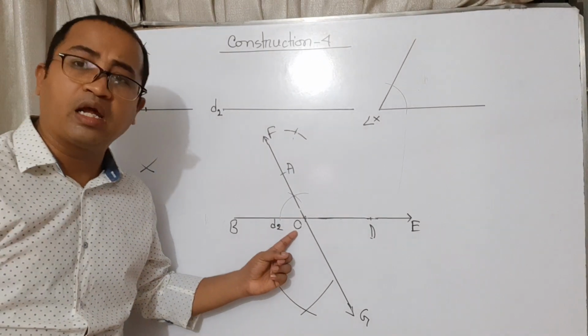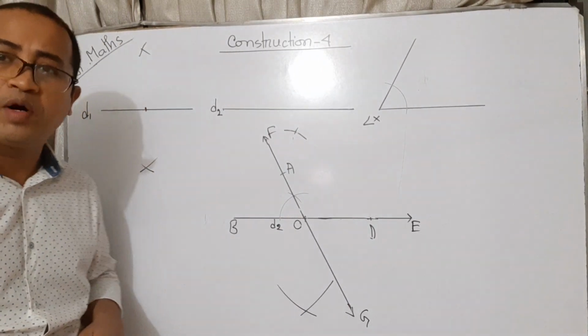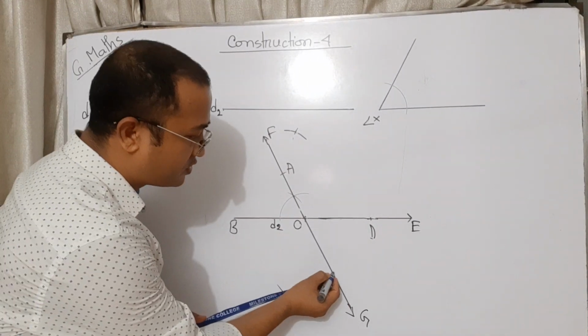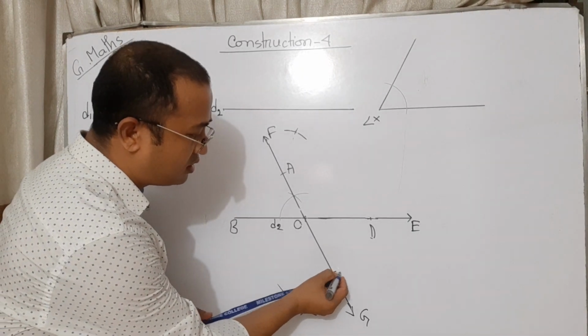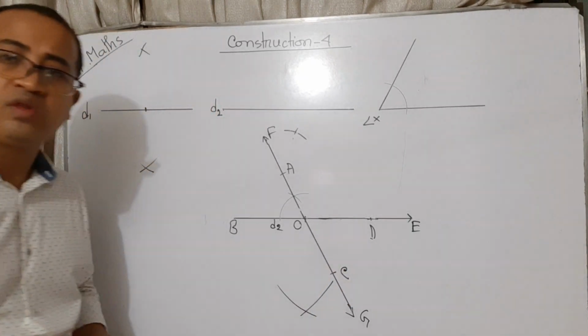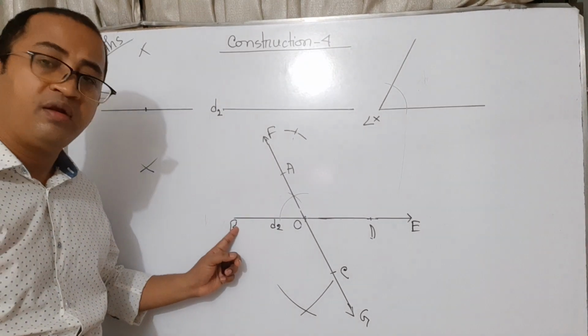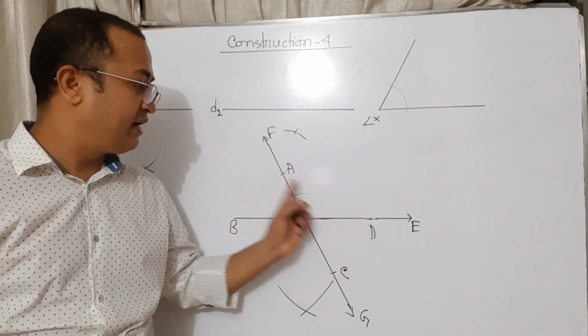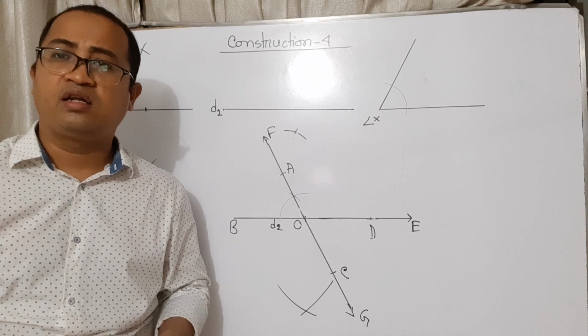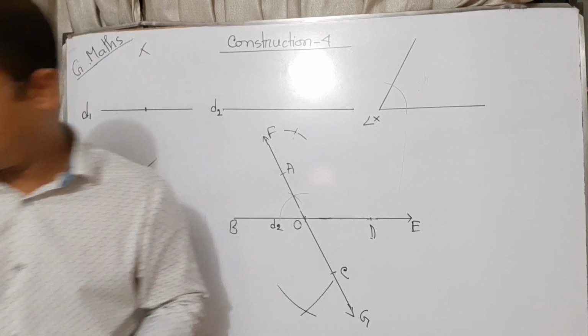Again from the ray OC, we take half of D1 equal to OC. Now we will add AB, BC, CD and AD. After that it becomes a parallelogram.